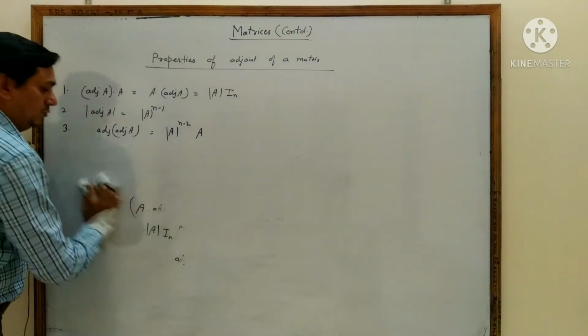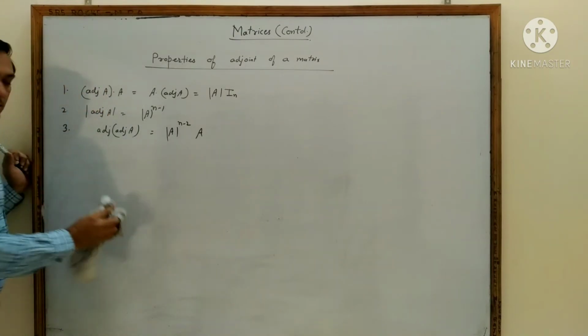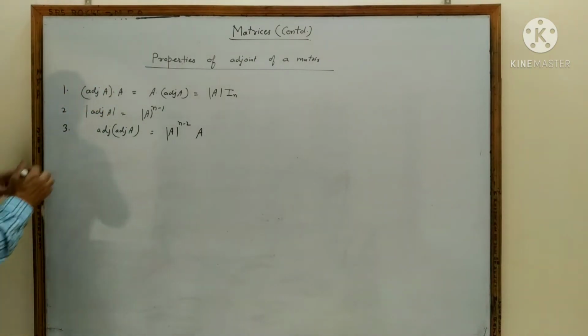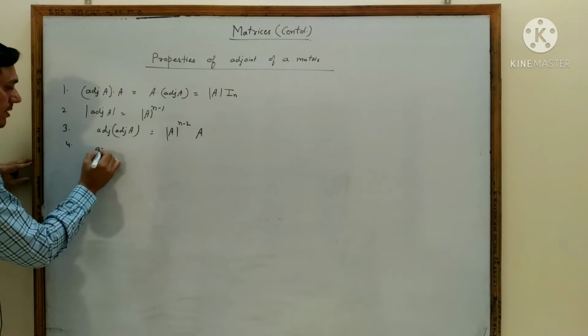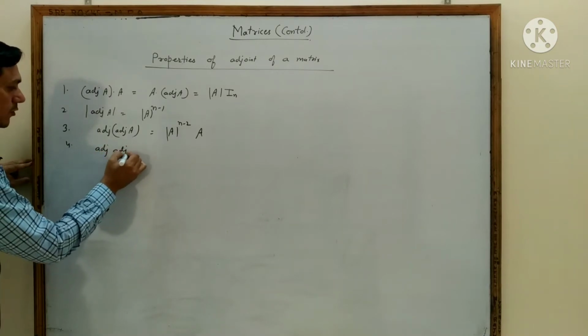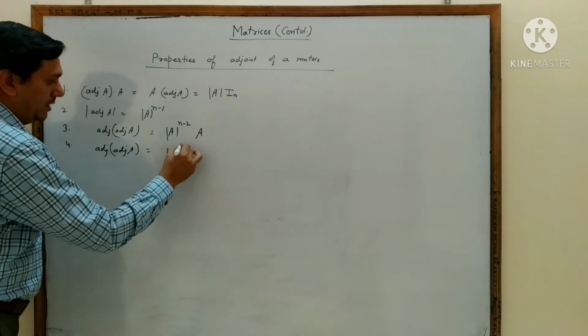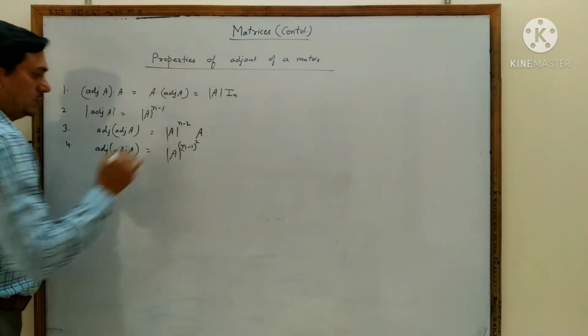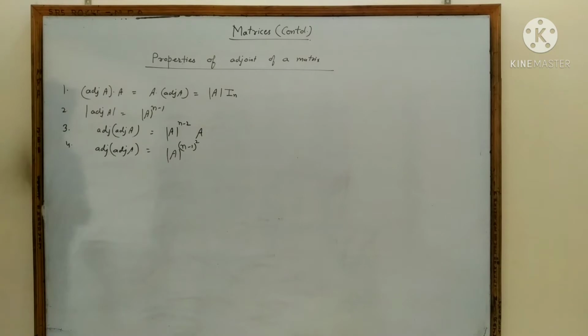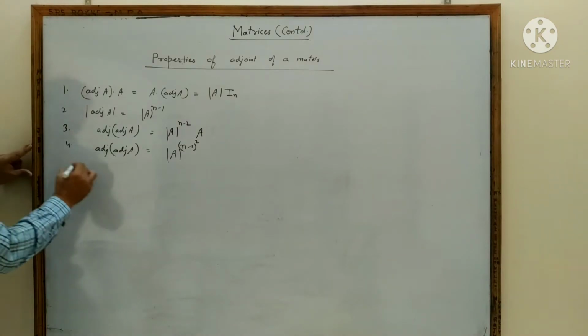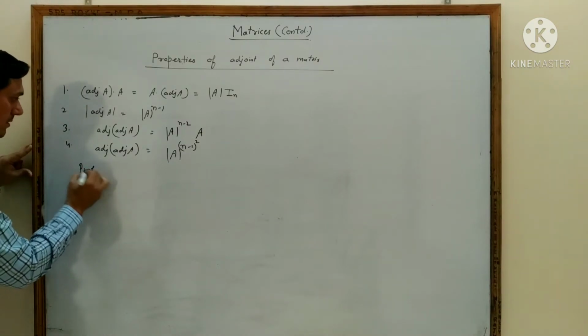Now we come to the next property, that determinant of adjoint of adjoint of A is equal to determinant of A raised to the power n minus 1, whole square. Its proof is simple.